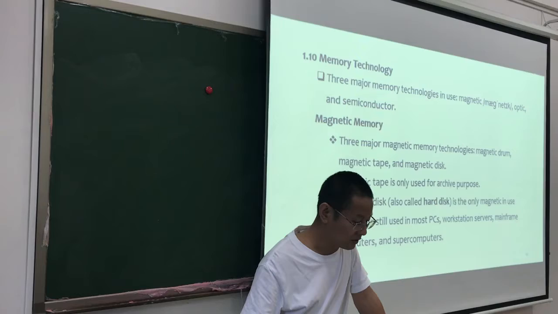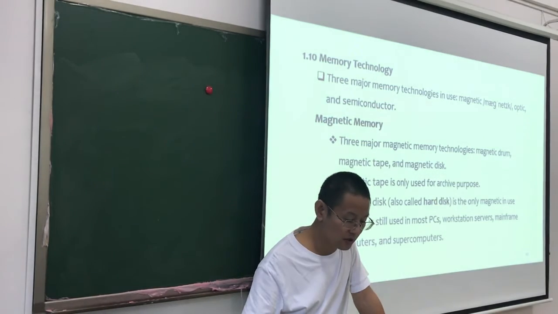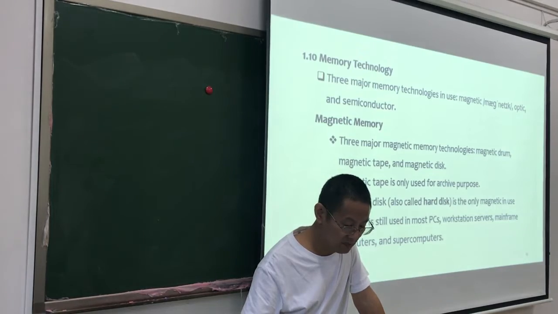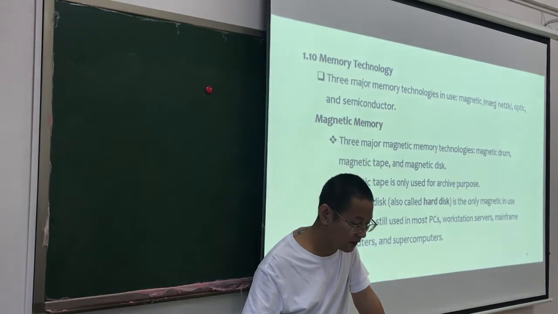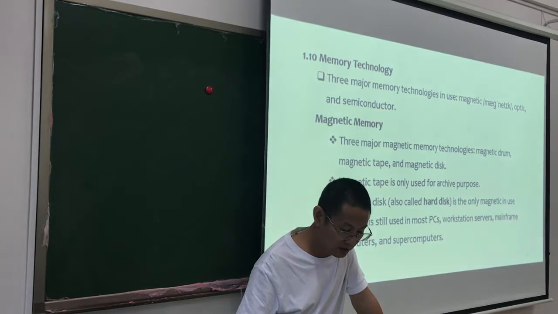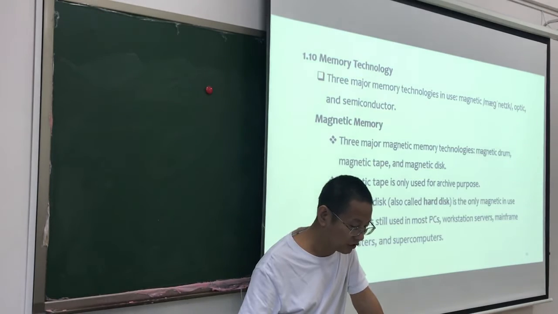Memory technology. Three major memory technologies are in use: magnetic, optical, and semiconductor. Magnetic memory. Three major magnetic memory technologies: magnetic drum, magnetic tape, and magnetic disk.